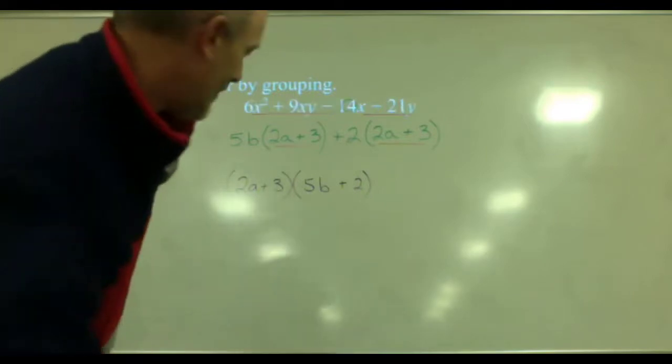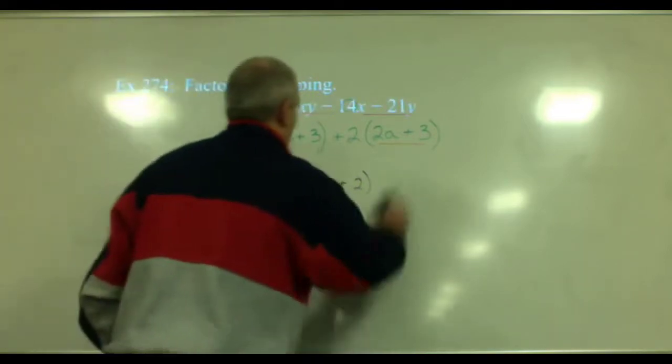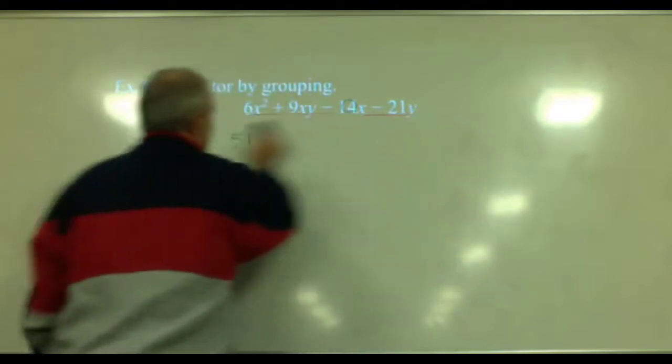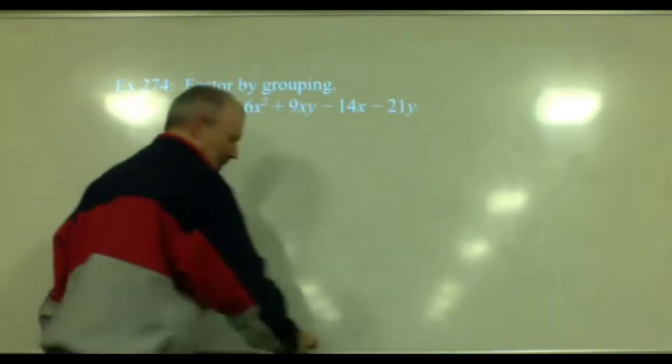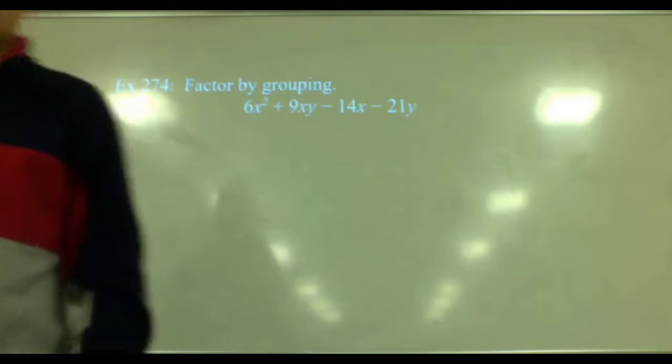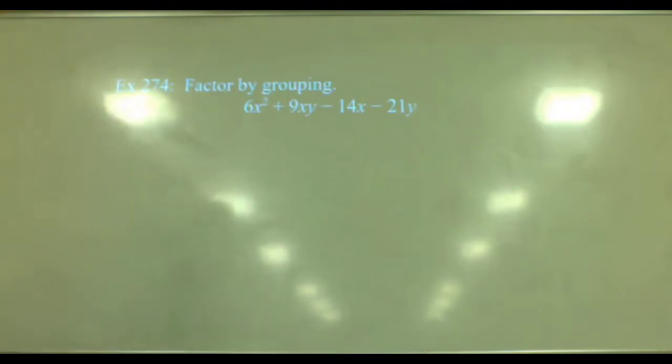Okay. So if it doesn't say by grouping, well, it may not say by grouping specifically. It may just say factor, and grouping is one of our options. So if we see, and this is the hint, if we see 4 terms, we're probably going to try to factor by grouping because it's an even number of terms. A lot of times we'll see just 3 terms, and then we're not going to be able to do factoring by grouping right away.